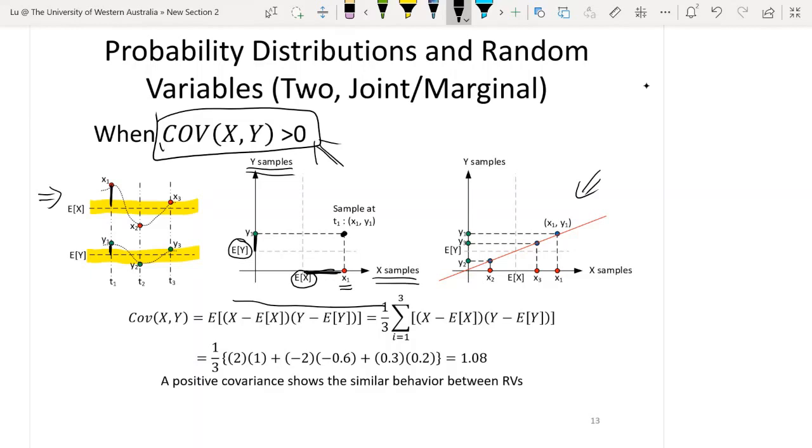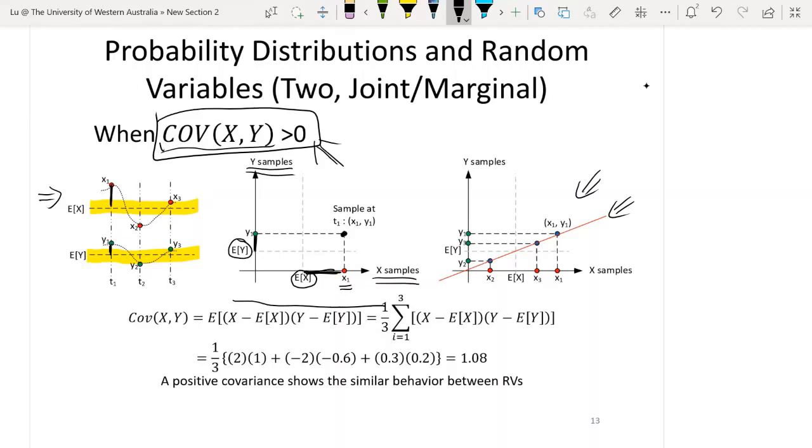In this case, we can say the gradient of this linear line segment is positive. That gives us that the covariance between x and y is positive, greater than 0. Or in other words, the behavior of the two random variables will be similar to each other. That means if the sample x1 value is higher than the mean of x, y1 is higher than the mean of y.